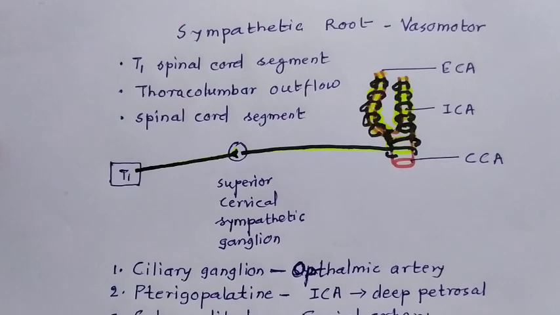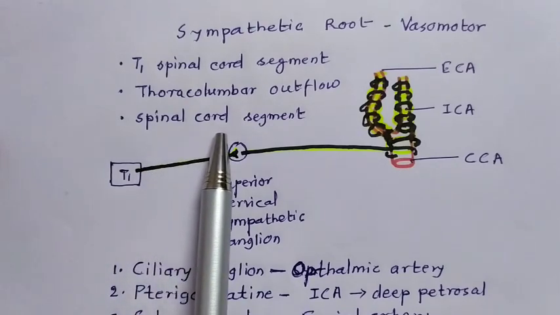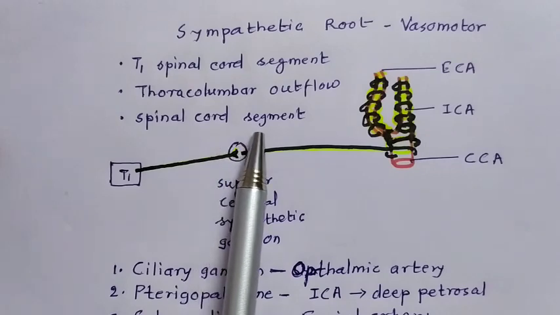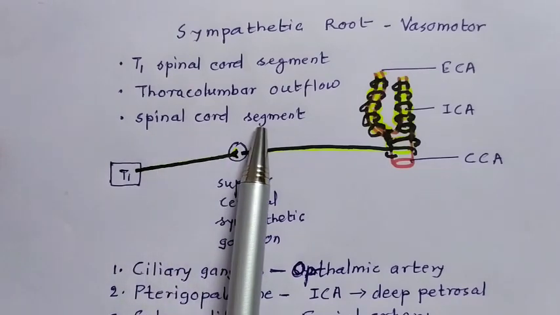The spinal cord gives attachment to 31 pairs of spinal nerves, and the part of the spinal cord which gives attachment to one pair of spinal nerves is called a spinal cord segment.